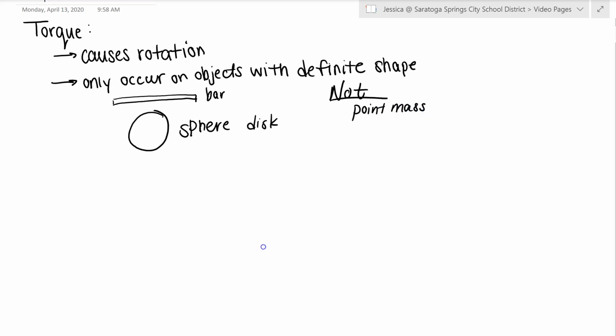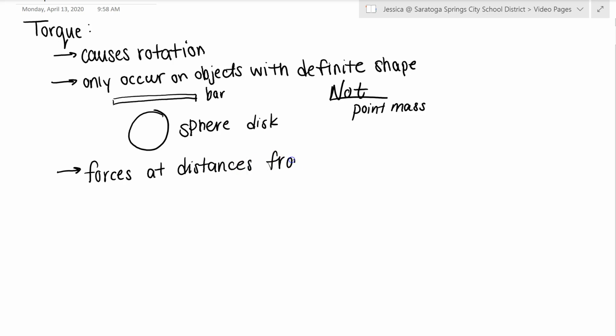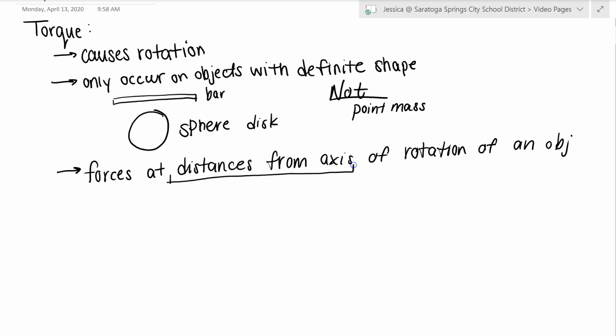Torques are caused by forces at distances from the axis of rotation of an object. This distance from the axis of rotation is often called the lever arm.